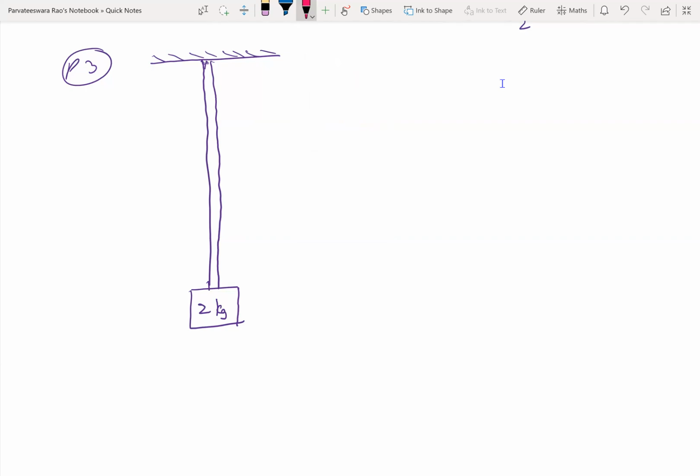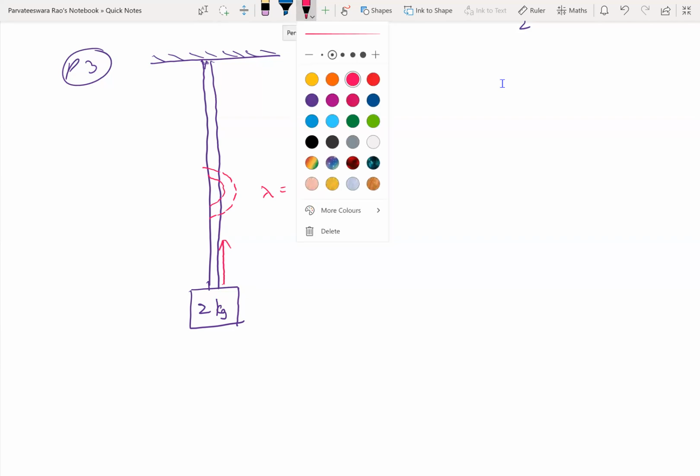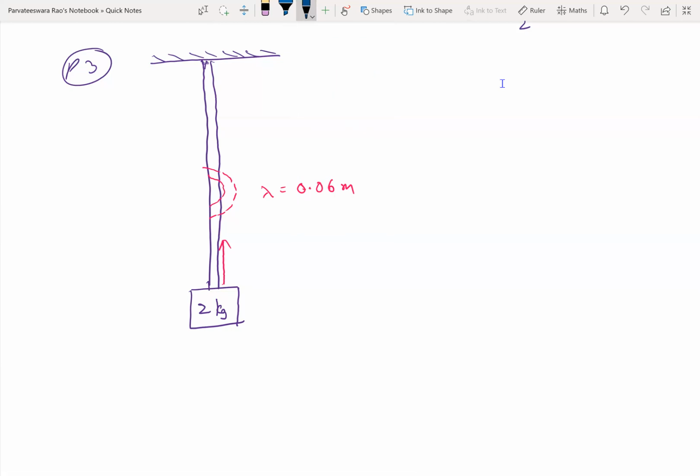A transverse pulse of wavelength 0.06 meters is produced at the lower end of the rope.